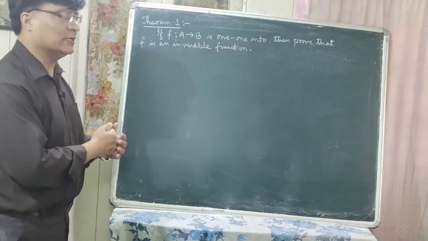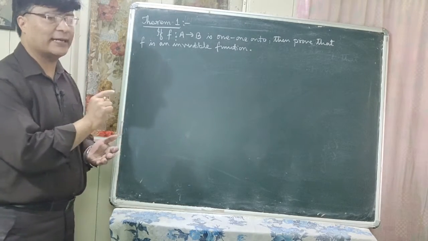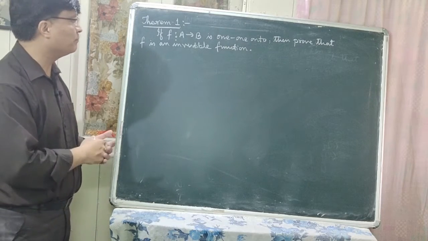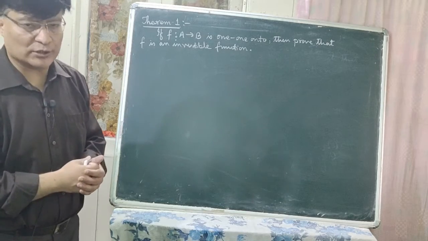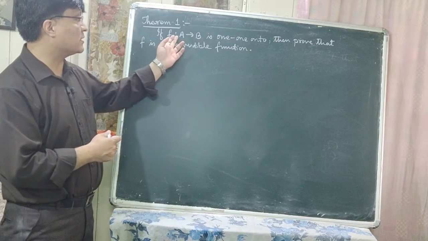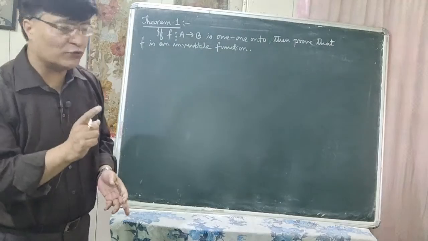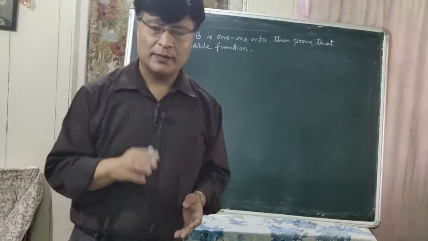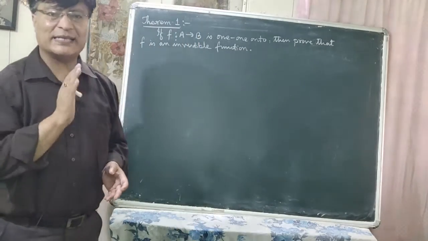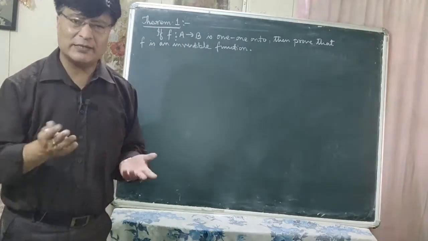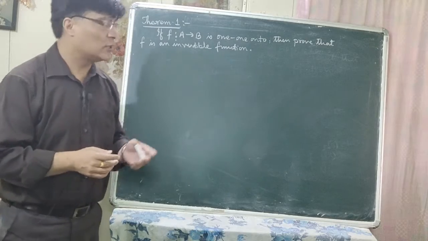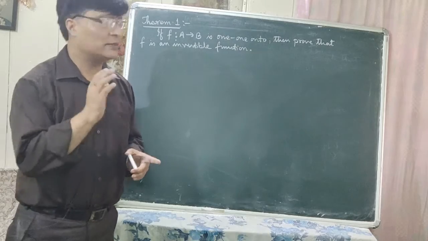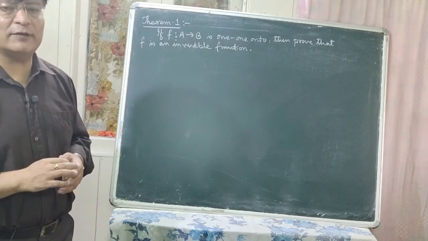Theorem number 1 is: if F such that A to B, or F maps the set A to set B, is a one-one onto function, then prove that F is an invertible function. If F is a bijective function, meaning one-one onto, it is called a bijective function, you know that, isn't it? So if F such that A to B is a bijective function, then you have to prove that F is an invertible function.